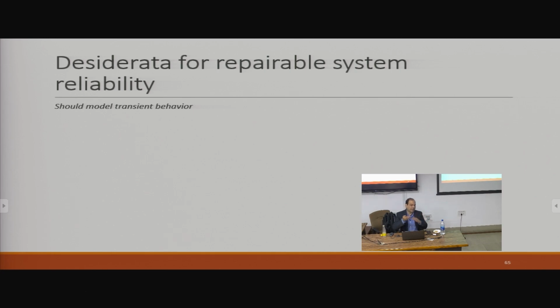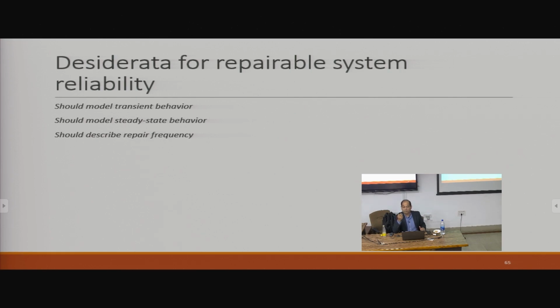New systems will act differently than steady state systems. So what happens in the beginning? I want to know. They should also model steady state behavior. So I tried to distinguish between the two. New systems may act differently than steady state. So, okay, we'll have a metric for this and have a metric for that. Or have a metric that does both simultaneously.